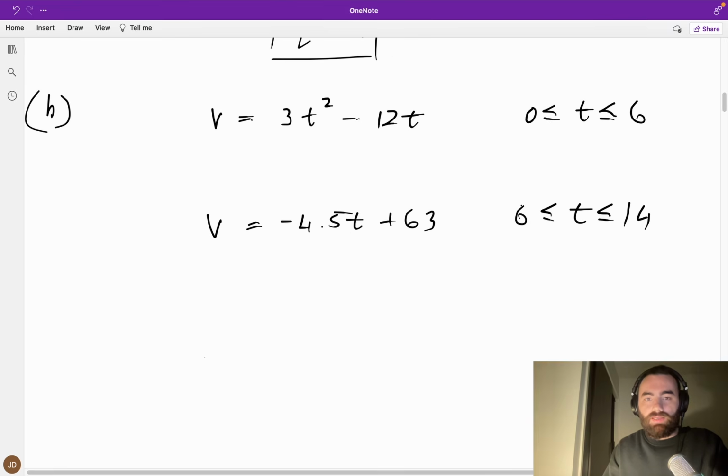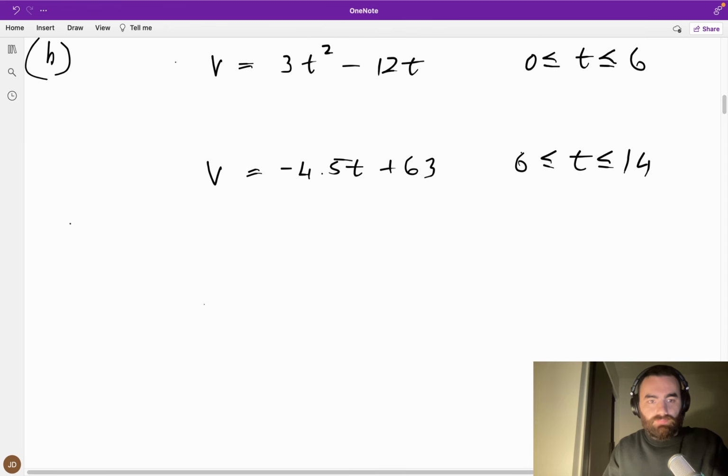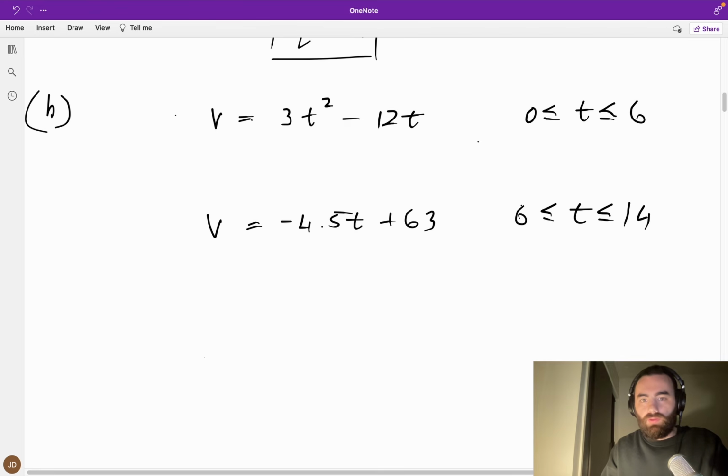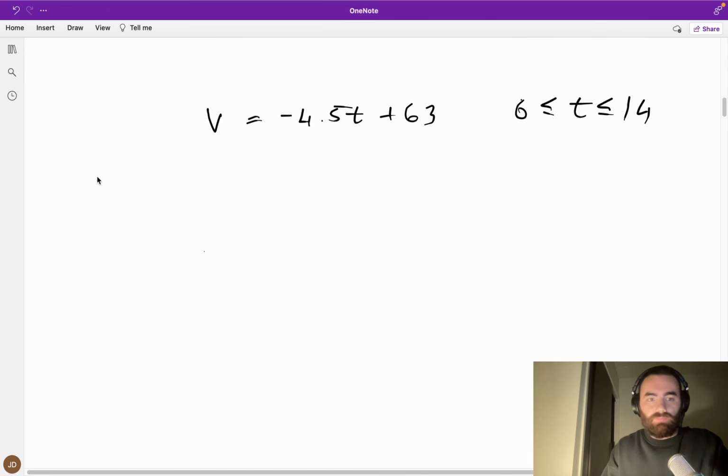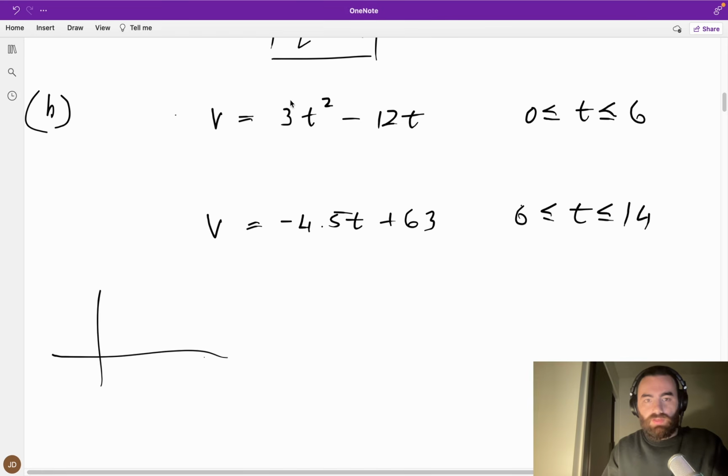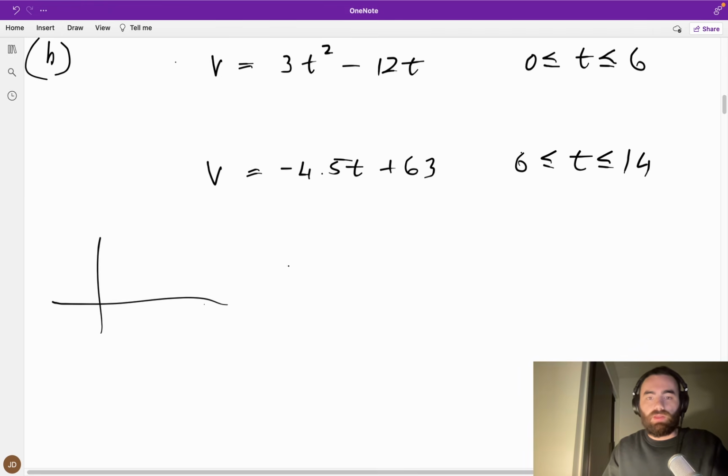Okay, so let's get an idea of what these look like. For this first one, this is a parabola, right? So let's just get some key points here. When v equals 0, we get 0 equals 3t squared minus 12t. We're trying to get an idea of what these two sections look like, and then we can sketch the overall thing.